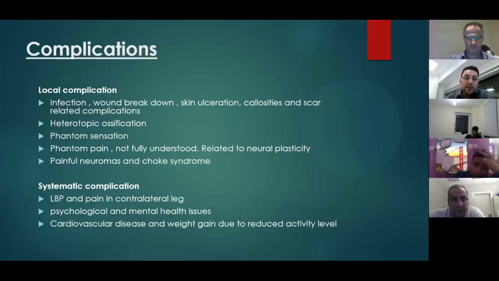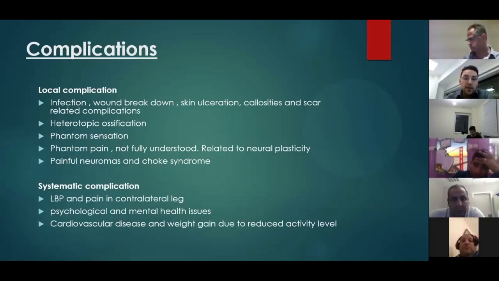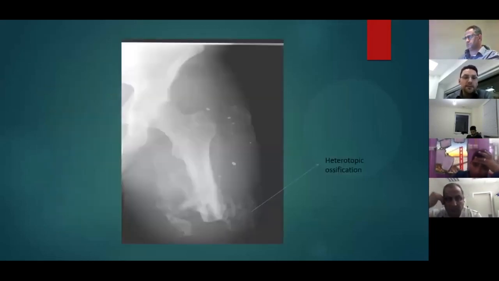And despite the energy consumption with limb amputation, cardiovascular disease and weight gain happen due to reduced level of activity. So it's advisable for this group of patients to have long-term follow-up with a cardiologist and regular monitoring of their blood pressure.